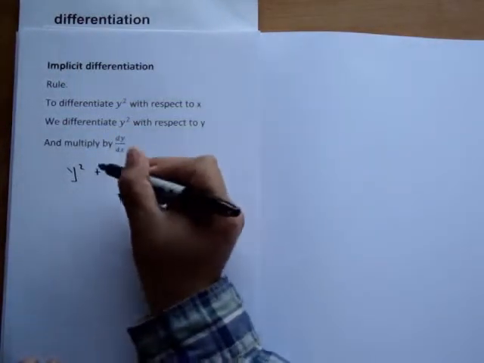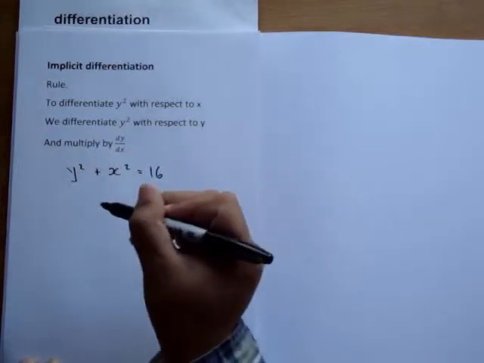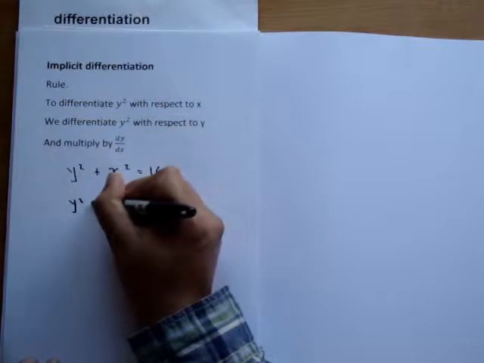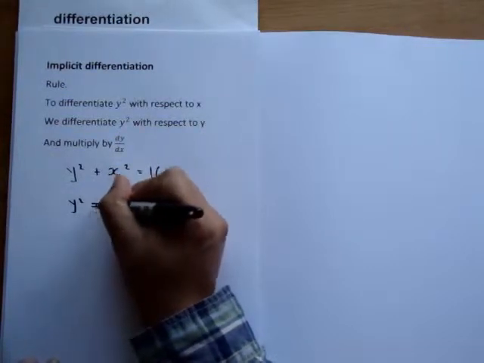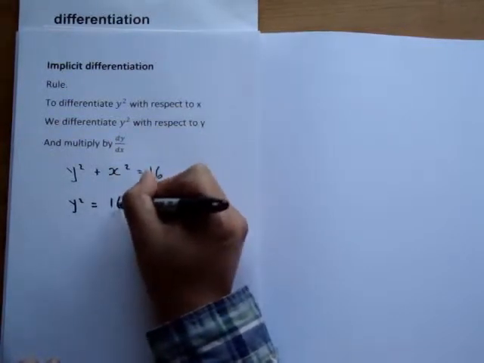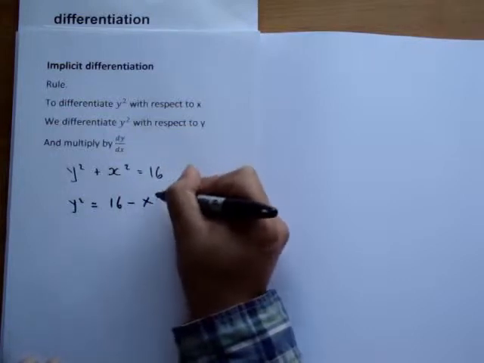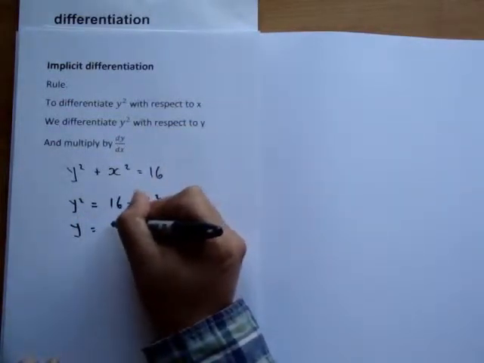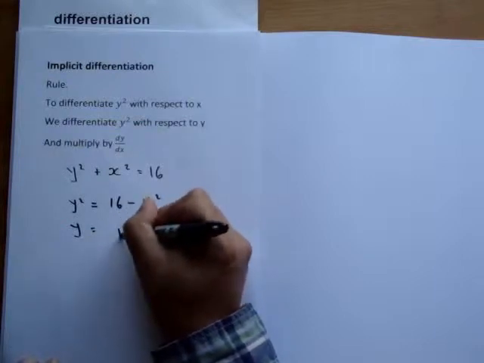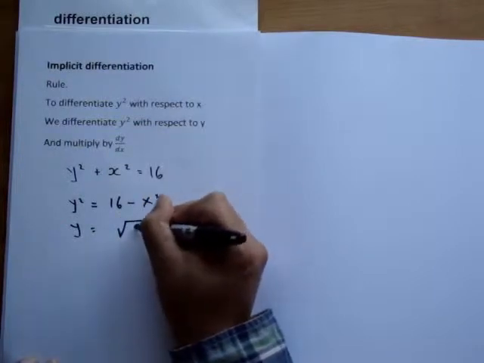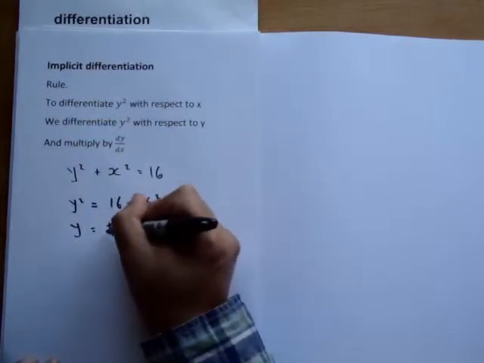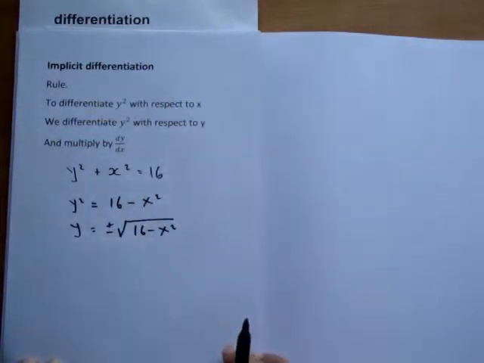Get y squared onto one side into something that we recognize, which is 16 minus x squared. So y equals, when we have a square root of 16 minus x squared, we have to put the plus and minus notation.